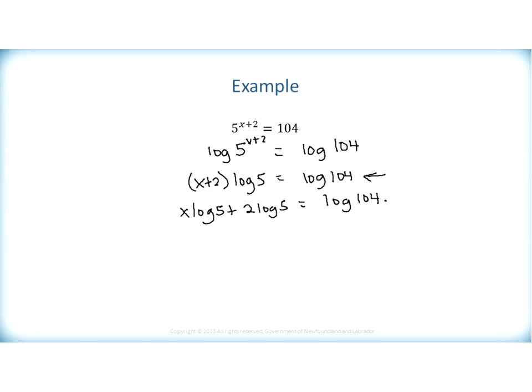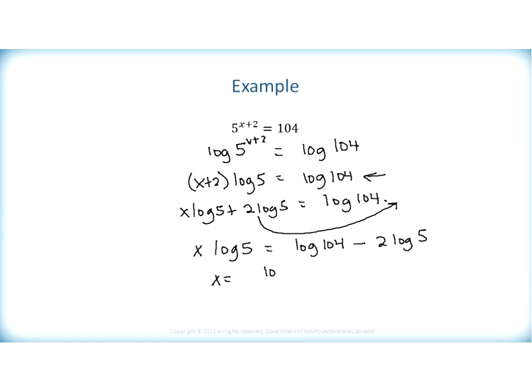I'm going to move this to the other side. I would have x log 5 is equal to log 104 subtract 2 times log 5. Now since x is being multiplied by log 5, I can divide both sides of the equation by log 5 to solve for x.